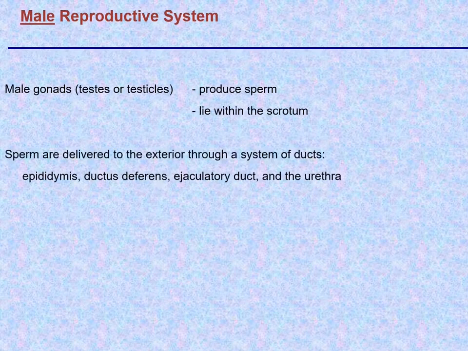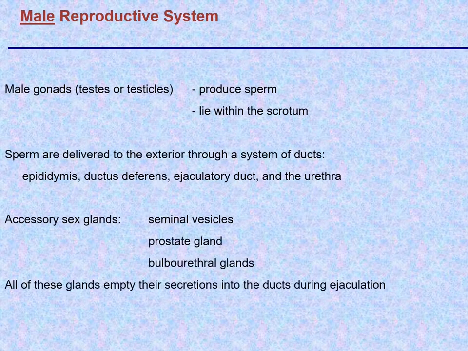Okay, so let's start in with the male, strictly speaking about just the male reproductive system. The male gonads are testes or testicles, and they produce sperm, and they are held within the scrotum. The sperm, as I said before, the reproductive cells, in this case sperm are the gametes, get delivered to the exterior by traveling through a fairly complex system of ducts.